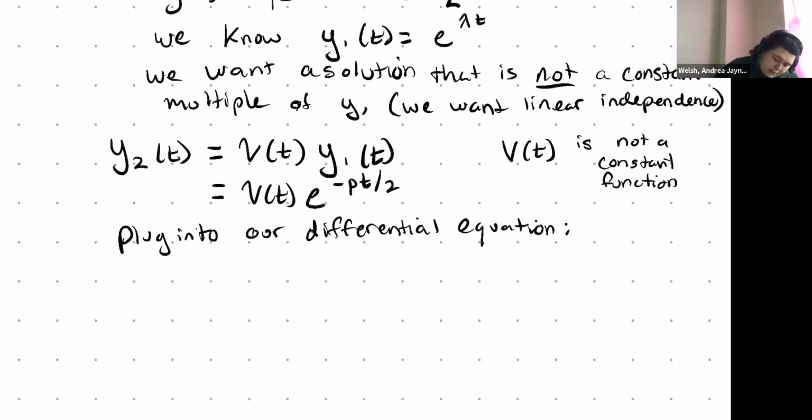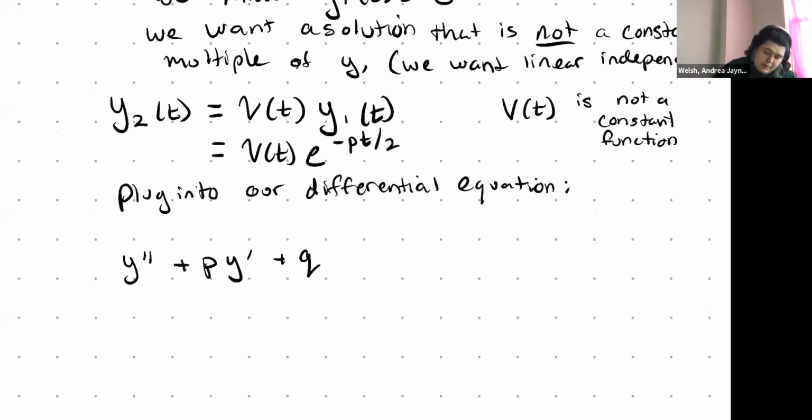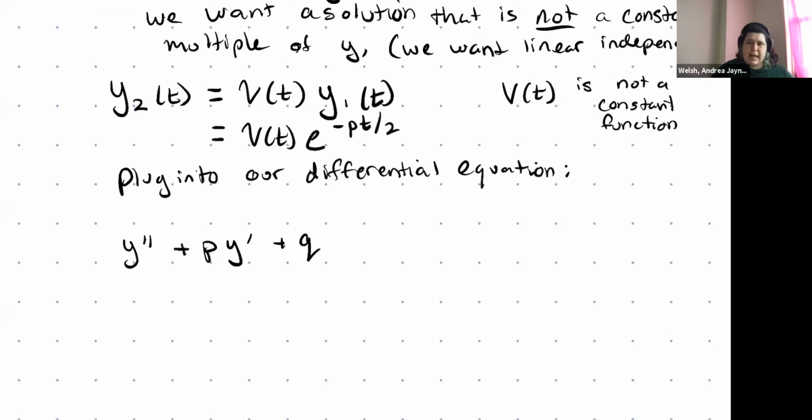Just a reminder that our differential equation is y double prime plus p y prime plus q y. And I'm going to replace that q with p squared over 4 times y.